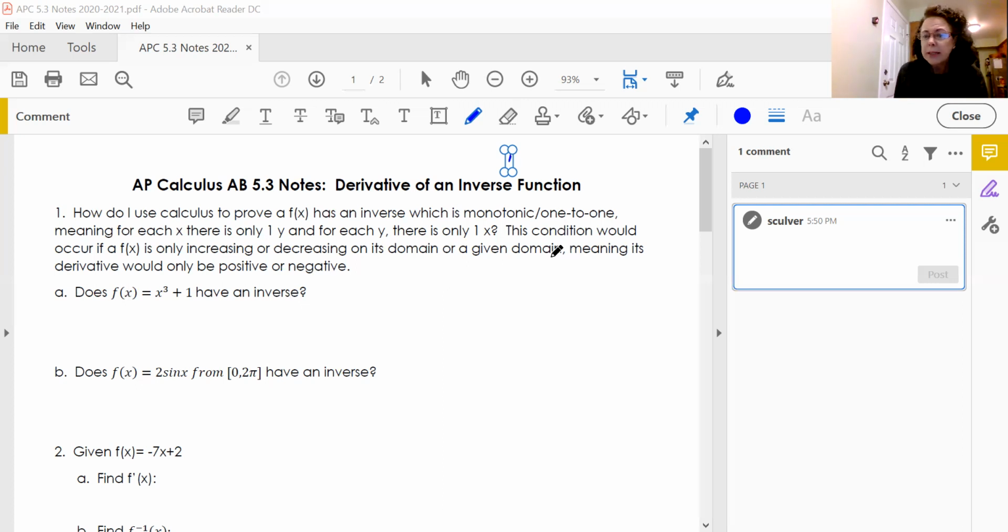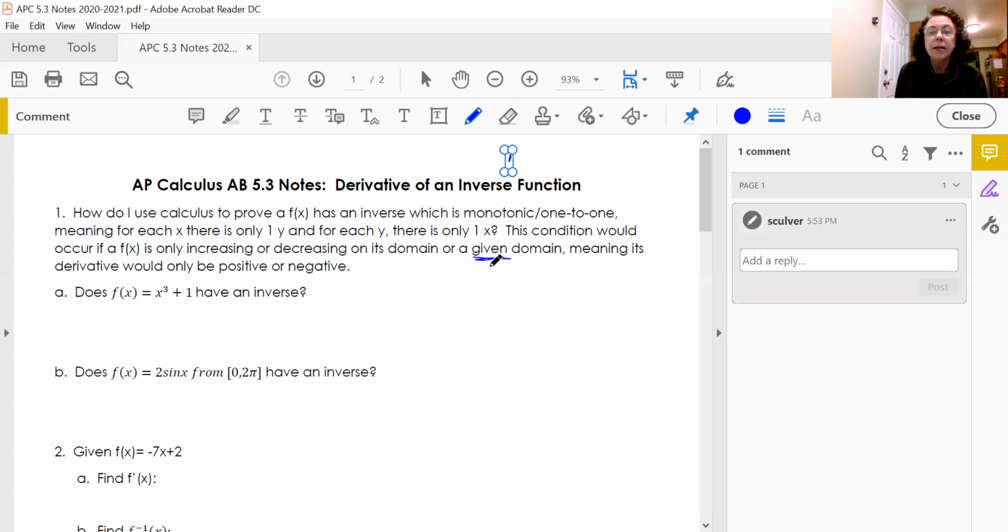Okay, so when would this happen? When would a function be monotonic or one-to-one? Well, this would be if a function is only increasing or decreasing on its domain, or on a domain that's given to you, meaning its derivative would only be positive or negative.